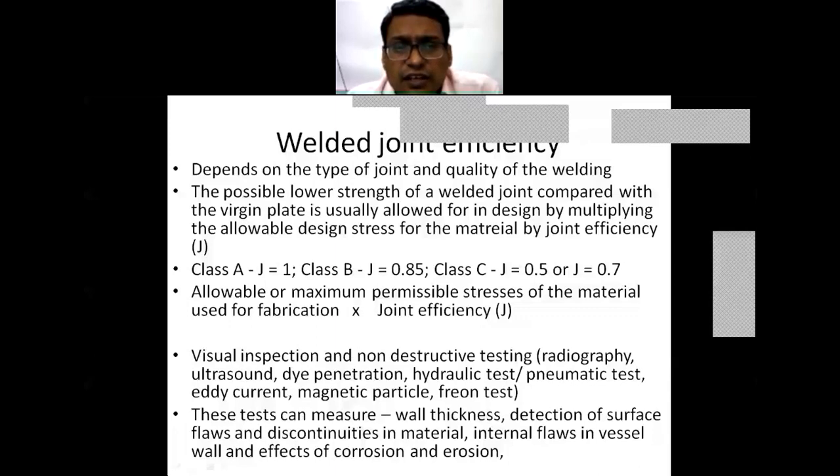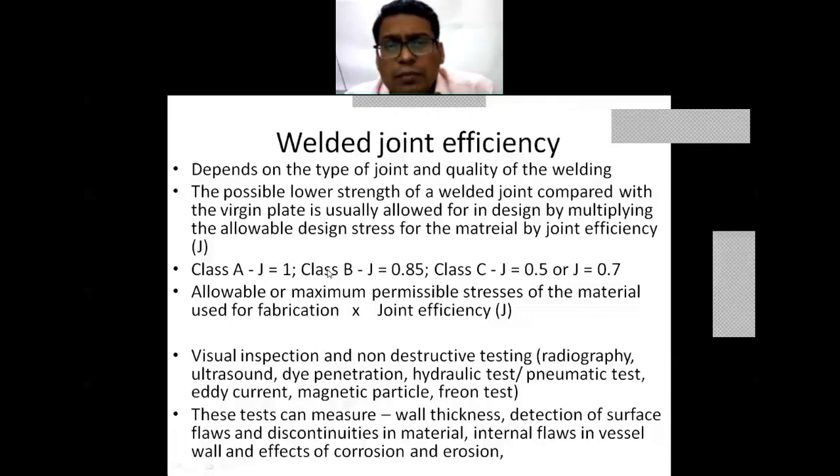If it's a class A vessel, then the joint efficiency J is considered to be 1. For a class B vessel, the joint efficiency J is considered to be 0.85. If it is a class C vessel, the joint efficiency can be taken as 0.5 or 0.7.